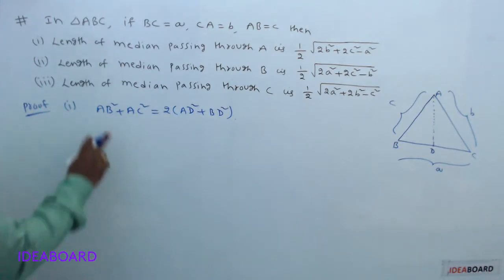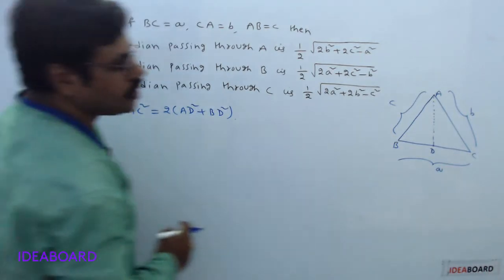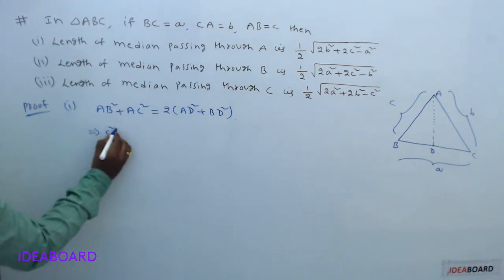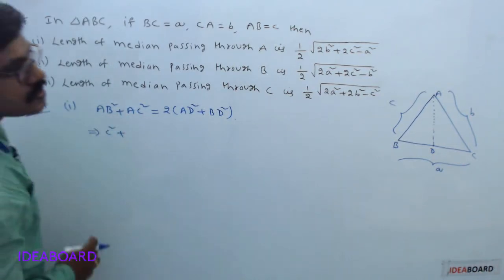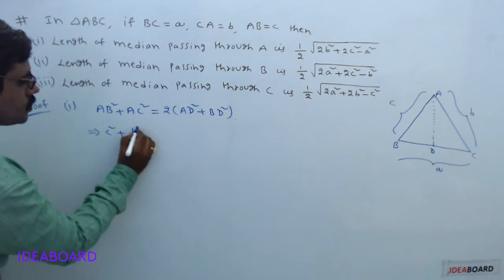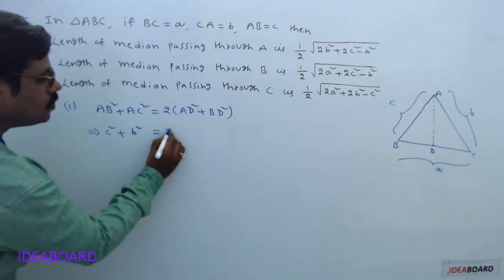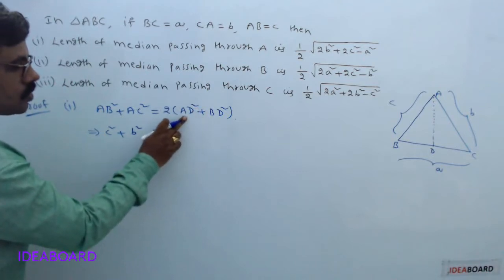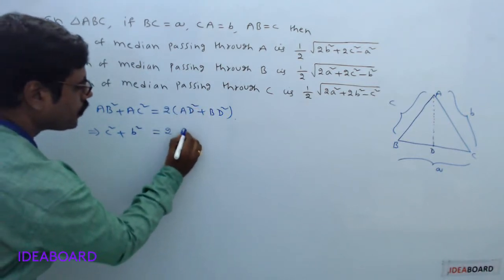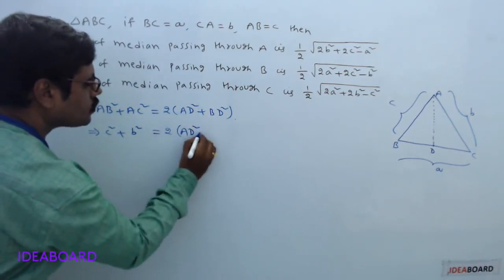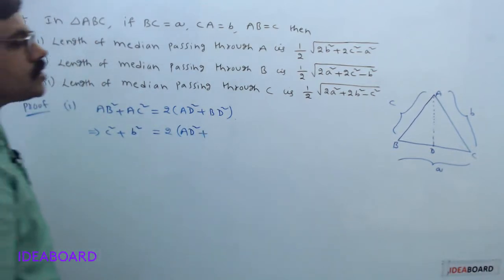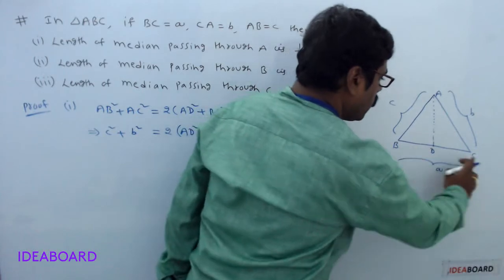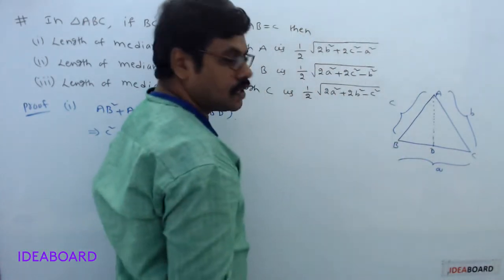Then what is the value of AB? AB is C. So this implies C square plus, what is AC length? B. So B square equals 2 into (AD square plus BD square). So this is the required one. So keep this one as it is. Now here D is the midpoint of the side BC.